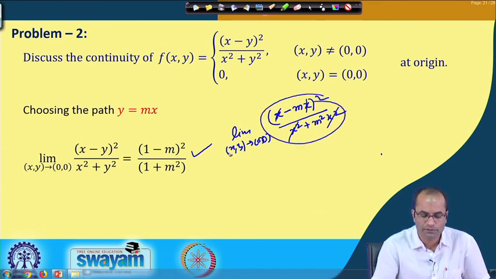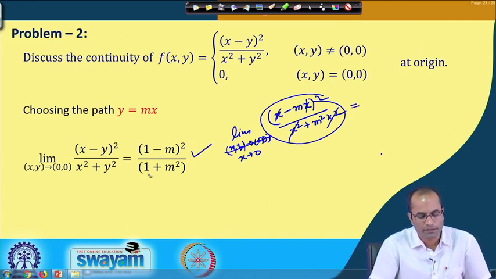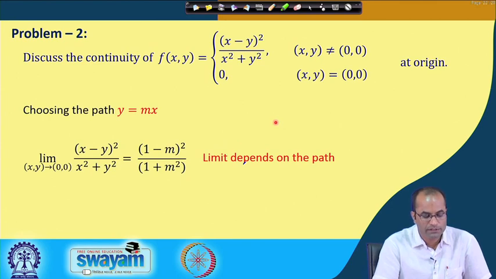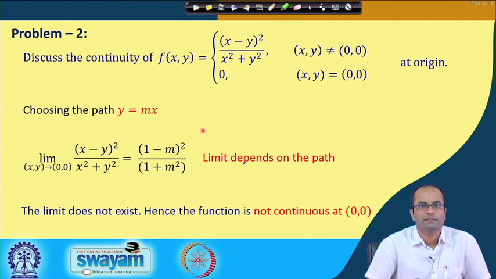So this limit as x goes to 0 will be nothing but (1 minus m) square by (1 plus m square). This limit depends on the path, because choosing different values of m, we get different values of this limit, and hence this limit does not exist, and then again we conclude that this function is not continuous.